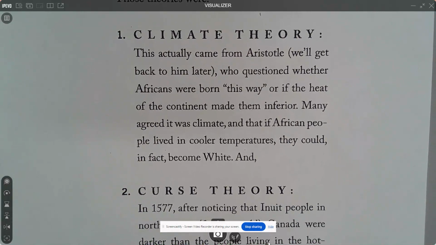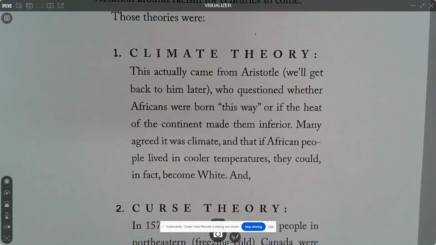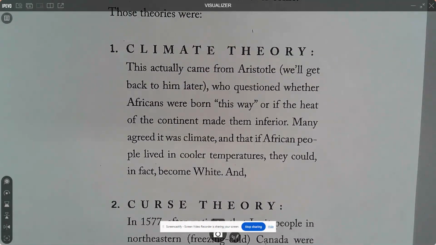Many of them agreed it was climate, and that if African people lived in cooler temperatures, they could in fact become white.